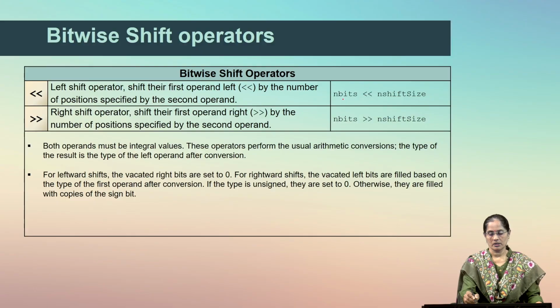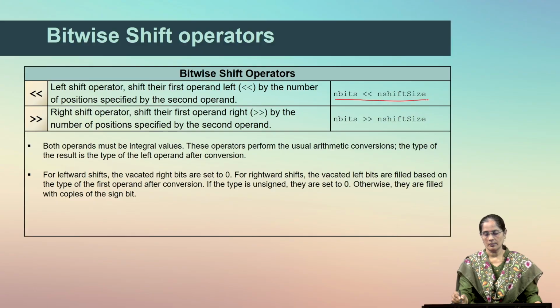And let us look at the bitwise shift operators. As we have already seen, these shift the position of the bits towards left or towards right, depending on the type of operator we use. How will we apply the shift operator? With the n bits representation, use a left shift operator, and the number of locations we want to shift is represented as the right hand side operand.